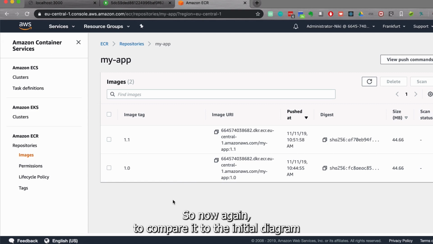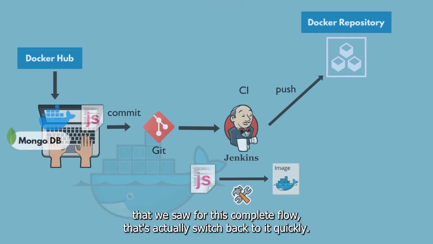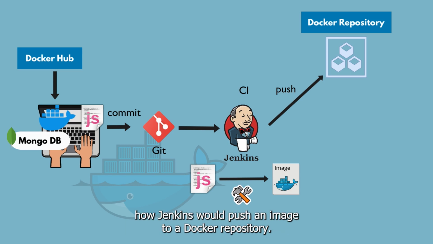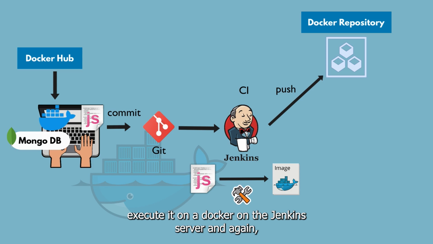Okay, so now again, to compare it to the initial diagram that we saw for this complete flow, let's actually switch back to it quickly. So here what we did is basically simulate how Jenkins would push an image to a Docker repository. So whatever we did on our laptop will be the same commands executed on the Jenkins server.